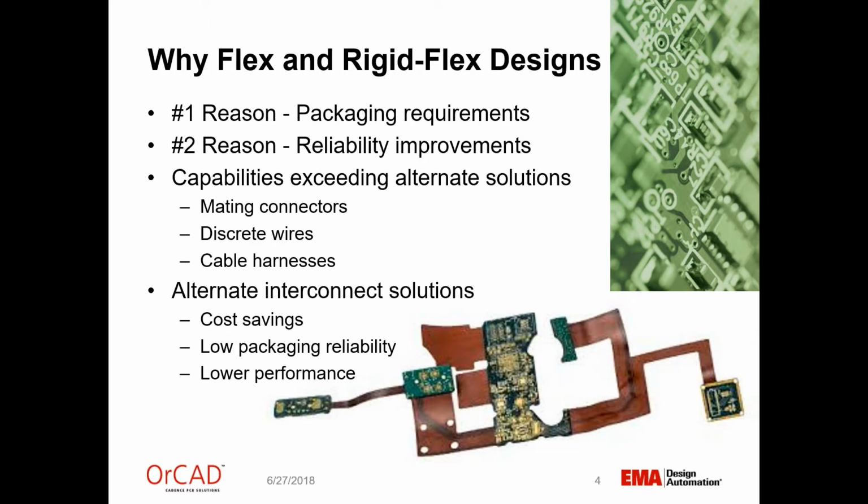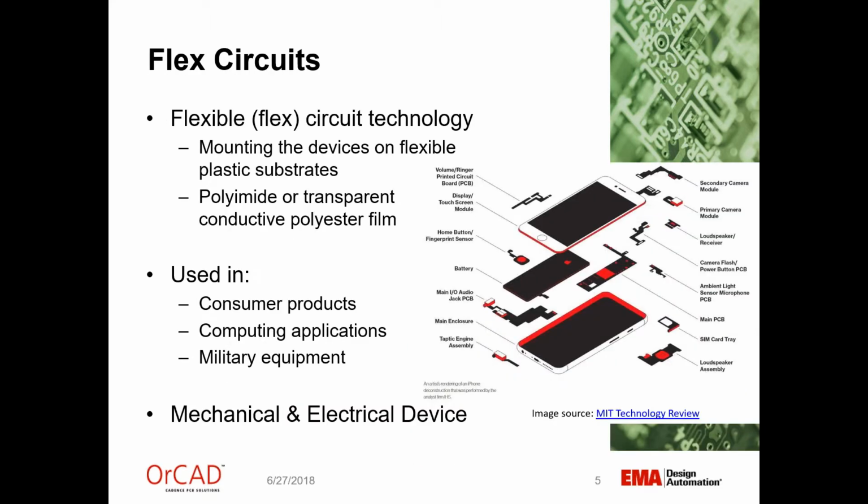There's a substantial improvement in the shock and vibration performance of flex and rigid flex PCBs. The capabilities of flex designs are much greater than other solutions that are available, such as cable harnesses, discrete wires, and mating connectors. Alternate solutions may offer cost savings, but cannot achieve the high package density or the reliability and performance of a flex or rigid flex design.